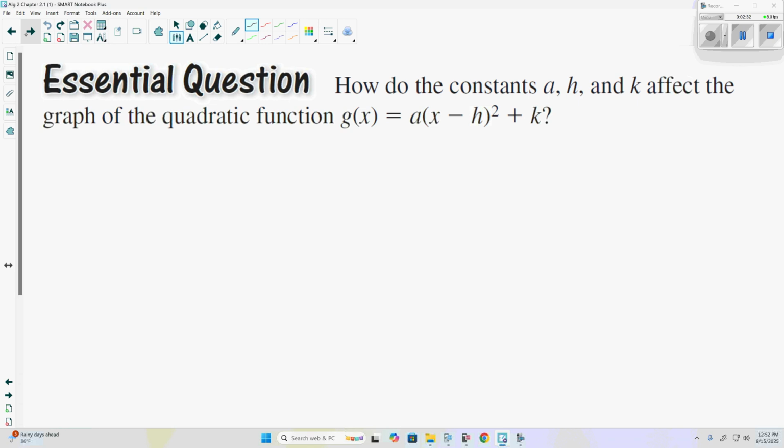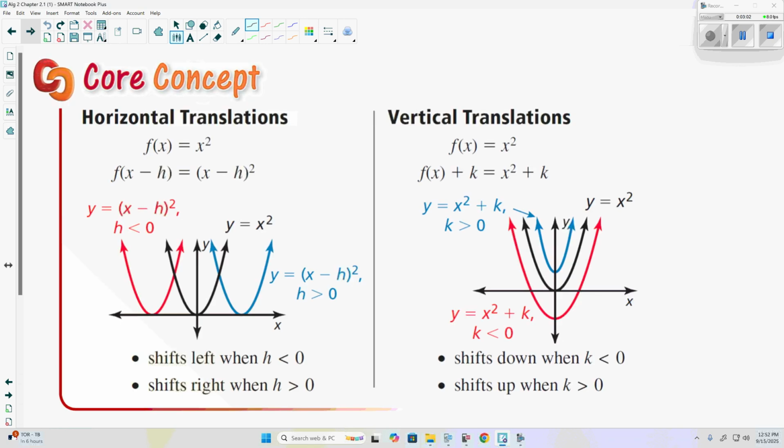Vertical stretch if a was greater than 1, vertical shrink if it's between 0 and 1. And we also said if a is negative, it is a reflection across the x-axis. And those are kind of what we talked about specifically.